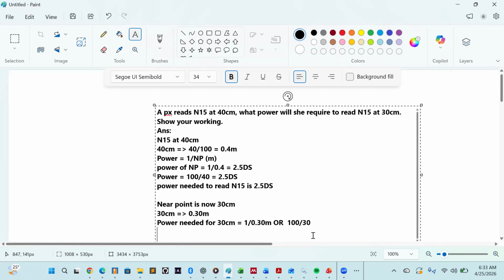So now do 100 by 30. 100 by 30 will be 3.33. So that gives 3.33 delta. So the extra power needed to read at 30 cm is equal to 3.33 minus 2.5.